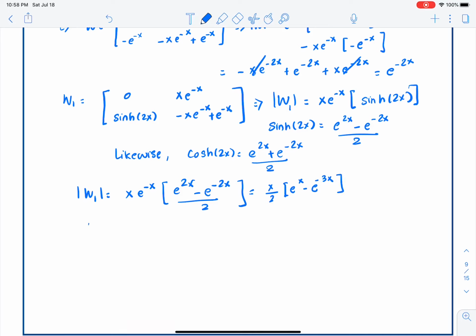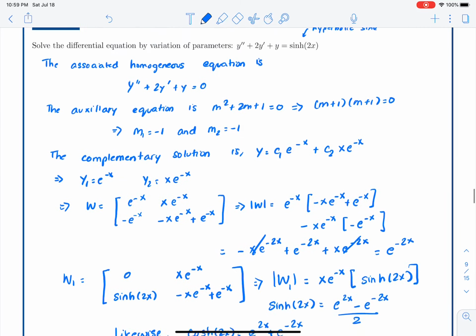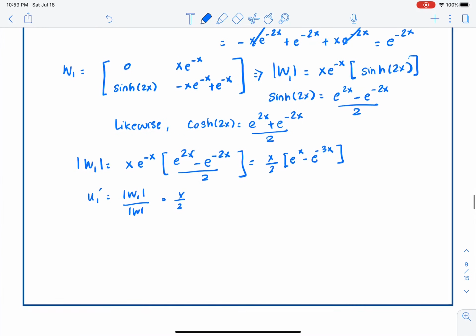And we've got to divide that by the determinant of W, which is e^(-2x). So x over 2 times (e^x minus e^(-3x)) divided by e^(-2x). X over 2 times (e^(3x) minus e^(-x)).